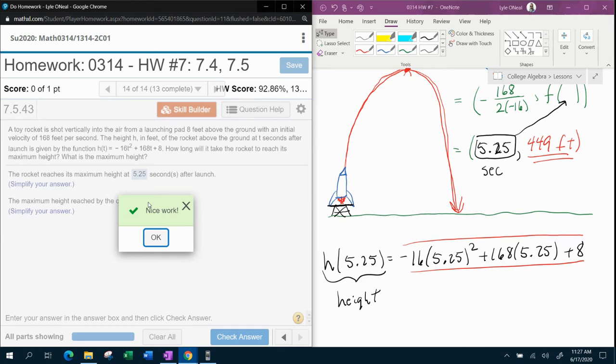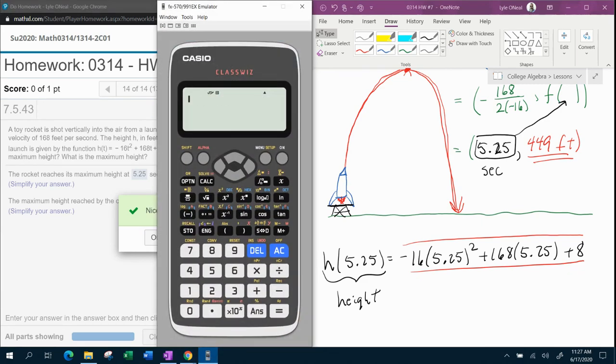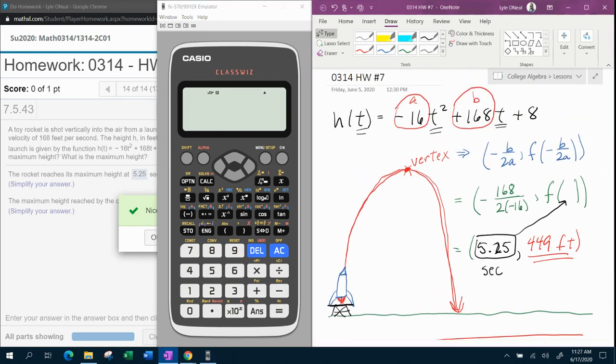Now, if I could take one more second, again, to illustrate how nice the Casio ClassWiz is. We could have actually found both of those answers doing zero scratch work at all. No scratch work with the ClassWiz. Here's how to do it. If you go to Menu, scroll down to the Equation/Function option, and we have a polynomial function.